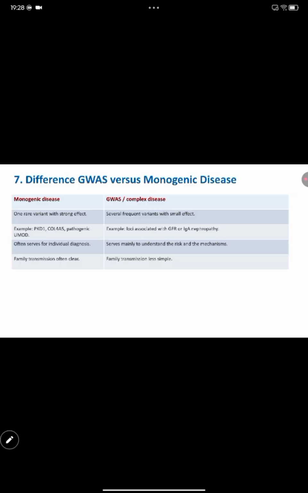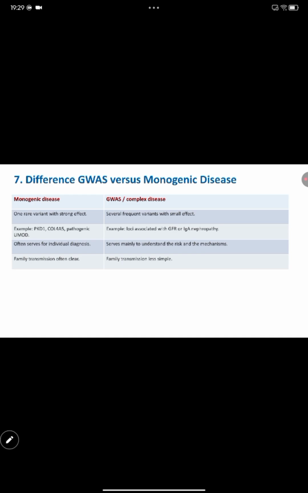And here we're going to move to the difference between GWAS versus monogenic disease. It is important to distinguish GWAS findings from monogenic diseases. In monogenic diseases, there is one rare variant with a strong effect, such as PKD1, COL4A5, or pathogenic UMOD mutations. These are often used for individual diagnosis, and family transmission in this case is usually clear.